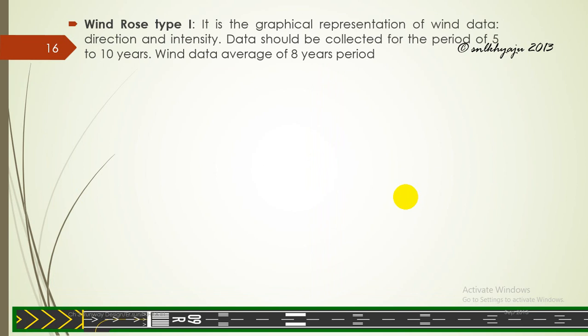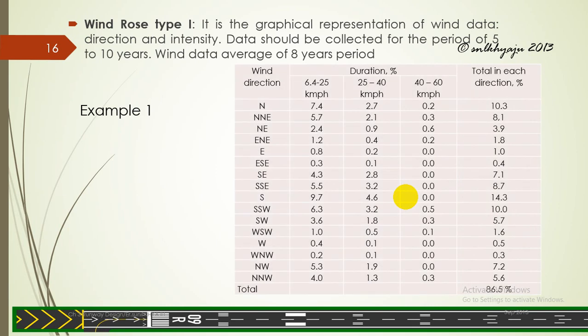Windrose type 1. It is a graphical representation of wind data, direction and intensity. Data should be collected for a period of 5 to 10 years. Wind data averaged over an 8 year period is given below as an example.